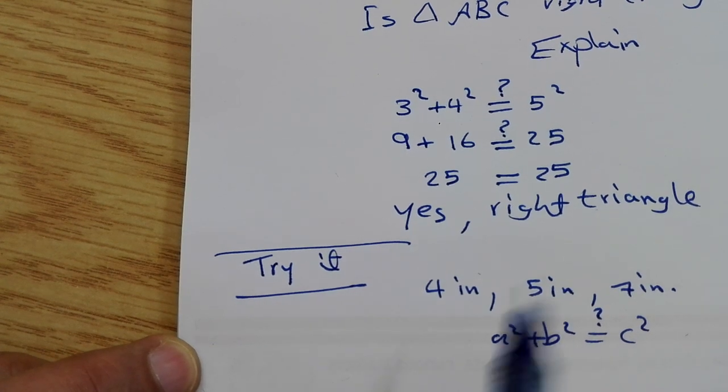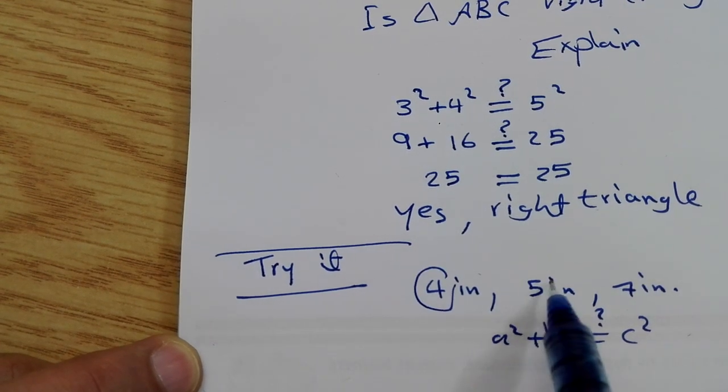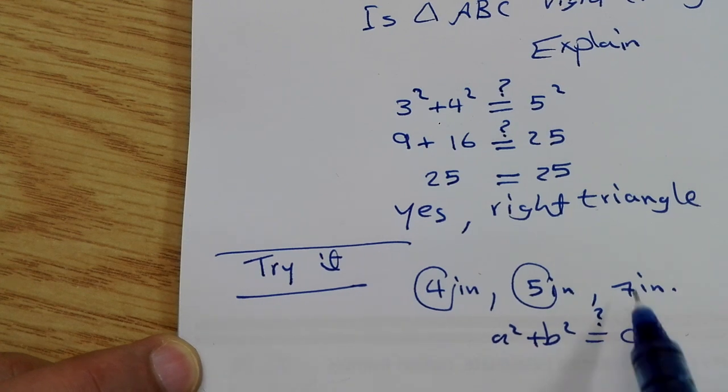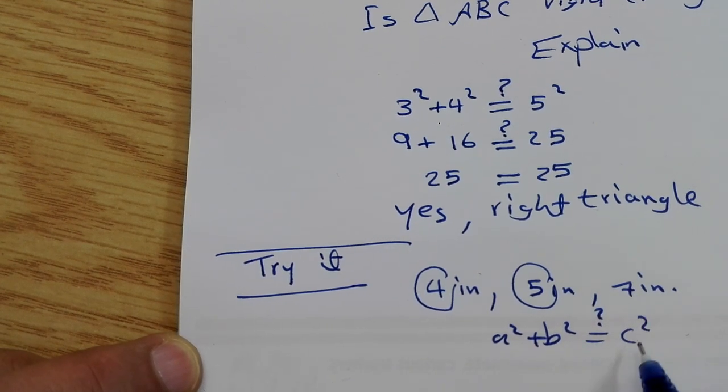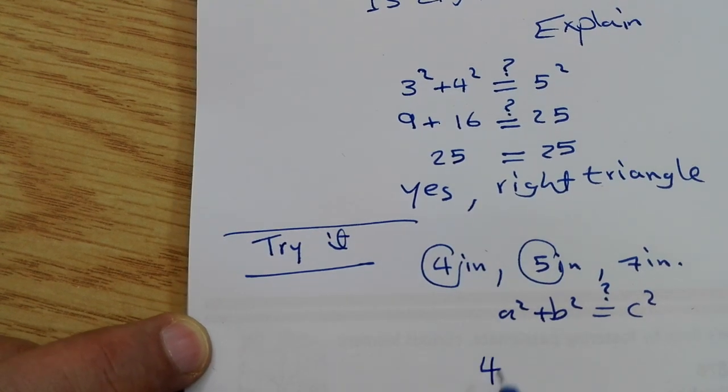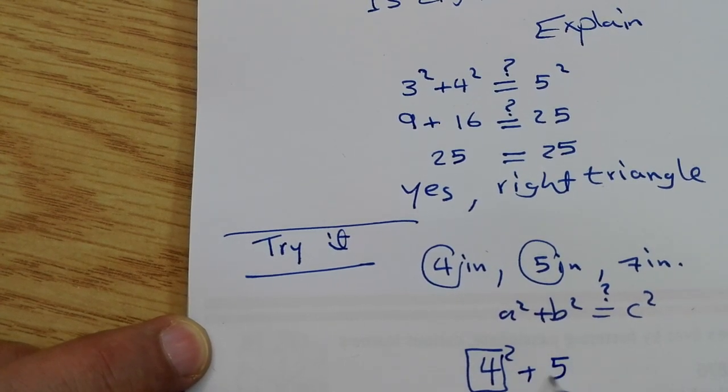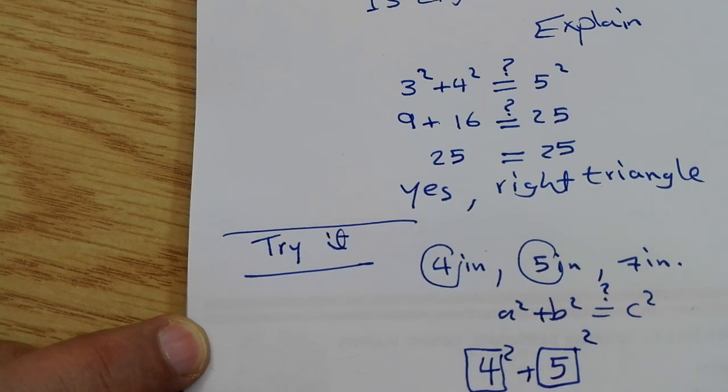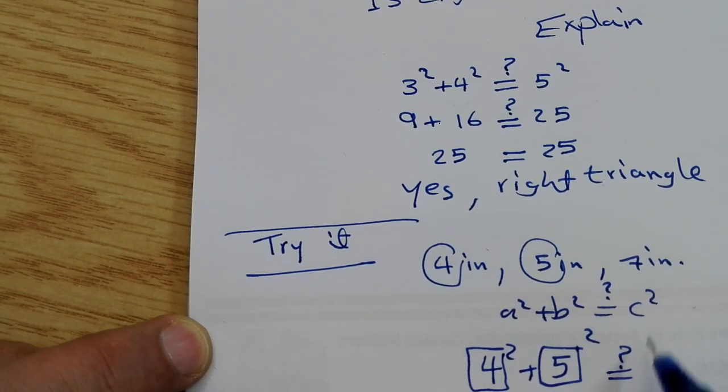A and B are the smaller sides, so begin with 5 and 4, because 7 is the longest side, C. So now 4 squared plus 5 squared, does it equal 7 squared?